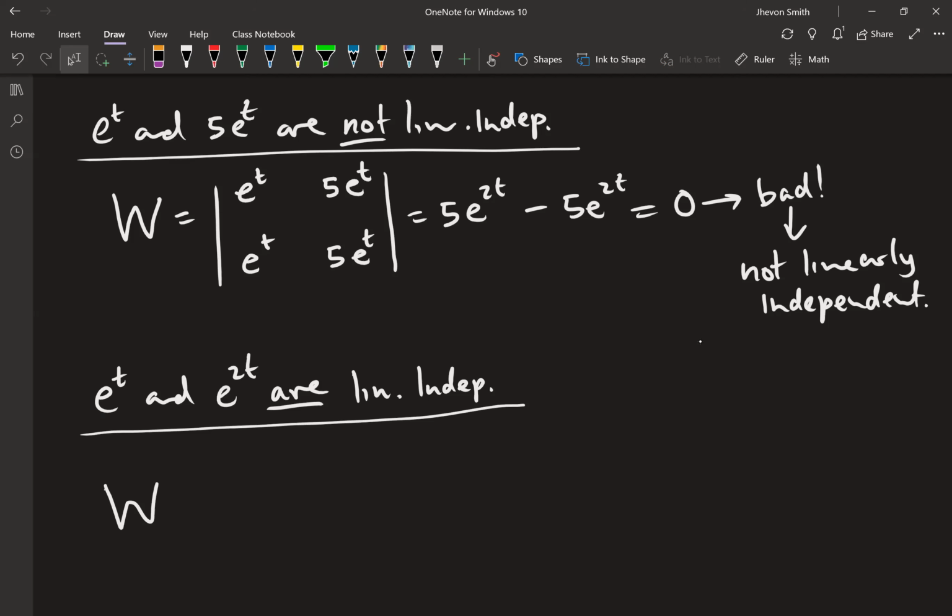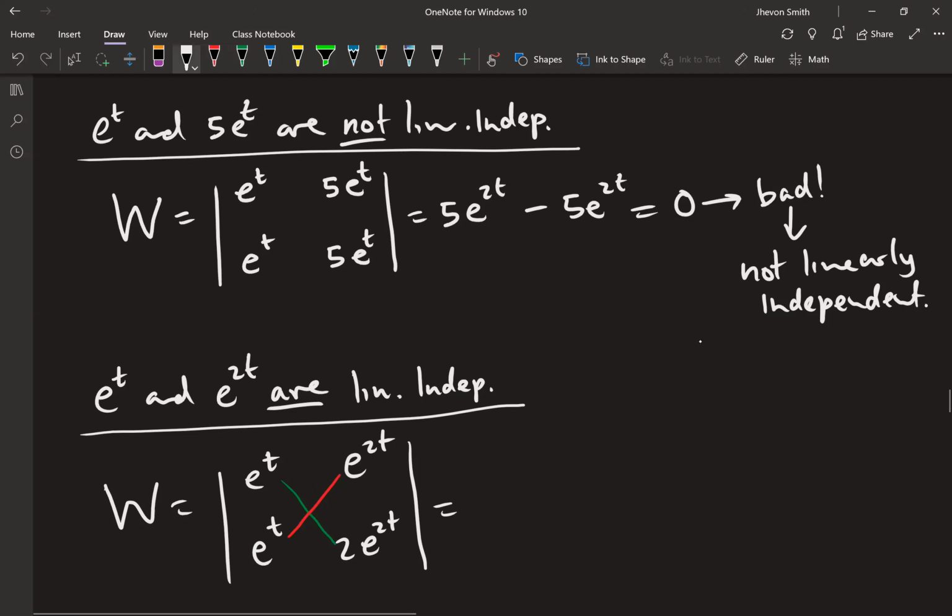Well, I can find the Wronskian. This is e to the t. Differentiate that, I get e to the t. Here I have e to the 2t. Differentiate that, I get 2e to the 2t. Multiply across here. So I'm going to take this times this and subtract that times that. And so this is going to be 2e to the 3t minus e to the 3t equals, well, e to the 3t.